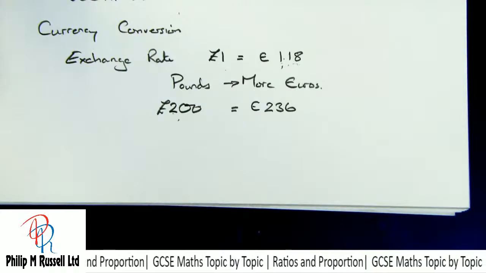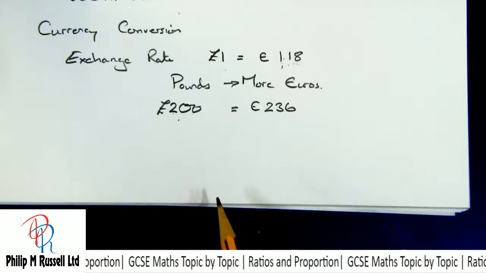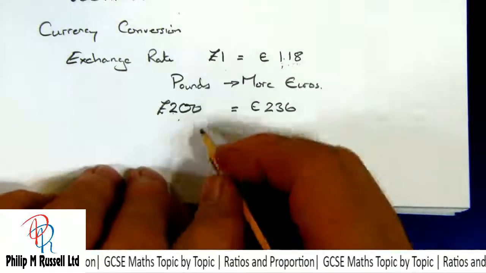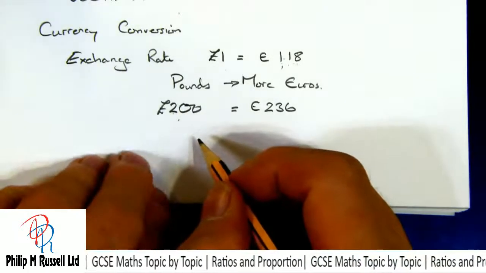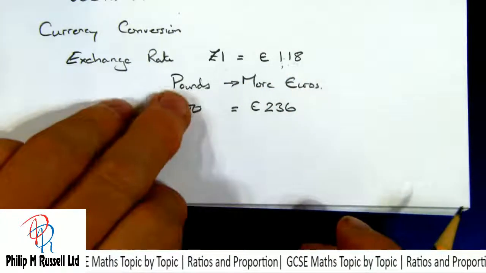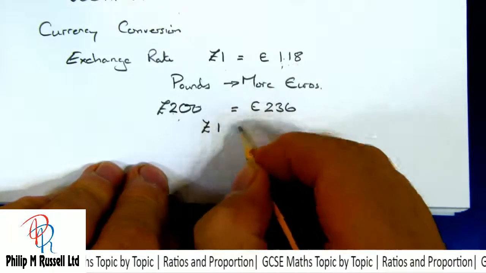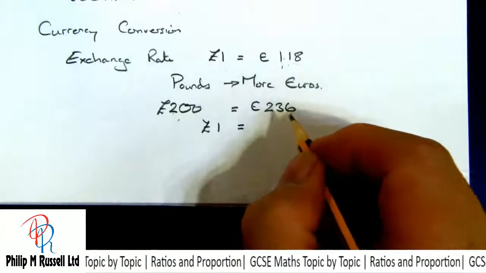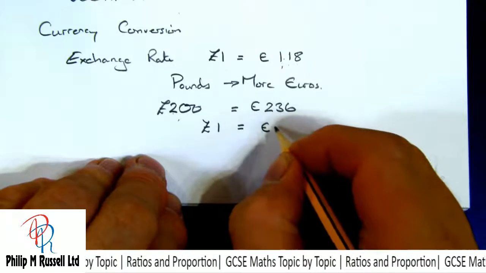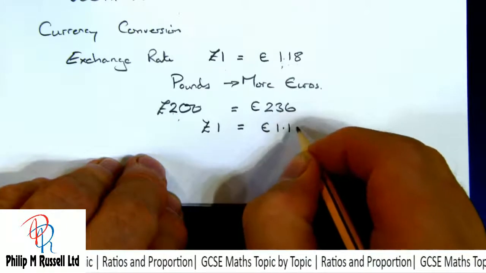Now, when we've done that, we might have another problem of trying to work out what it's going to be when it comes back. And the conversion rate would probably be worse here because the exchange rate's going to change as markets fluctuate. So let's suppose on the way back we're going to have this set to £1.12, let's say.